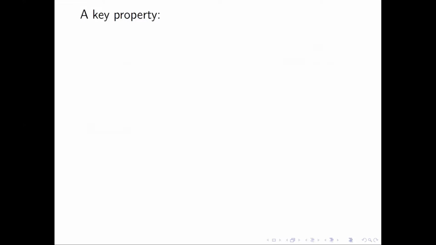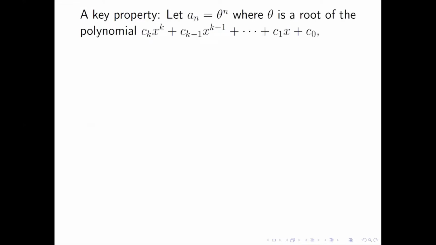Here is a very important property for linear recursions. Let a_n equal theta to the power n, a geometric sequence where the base theta is a root of the polynomial c_k x^k + c_{k-1} x^{k-1} + and so on, plus c_1 x plus c_0.